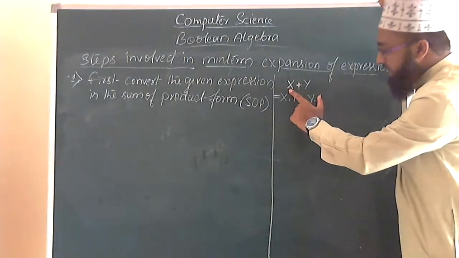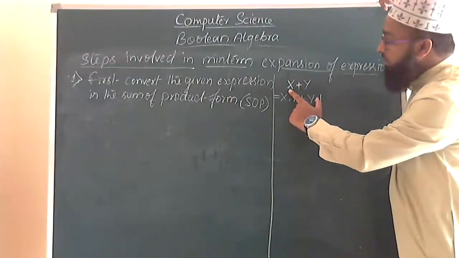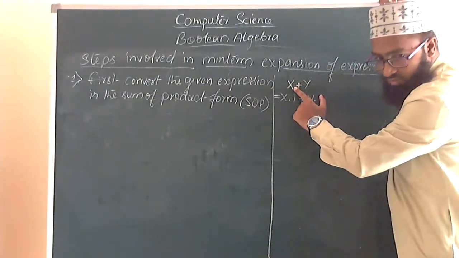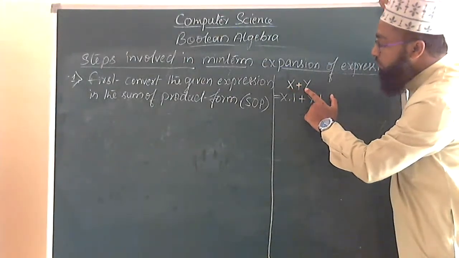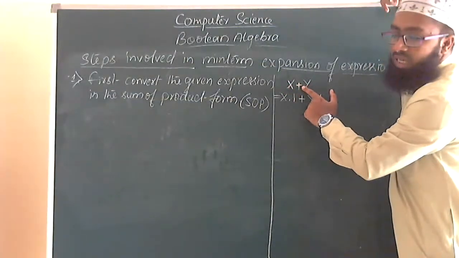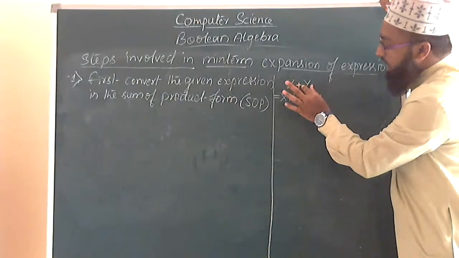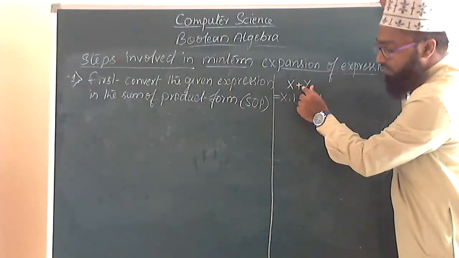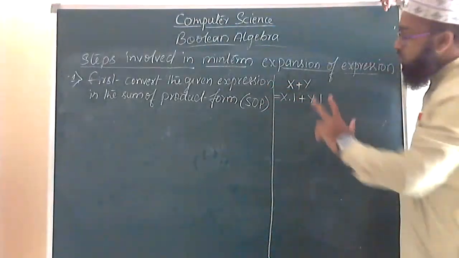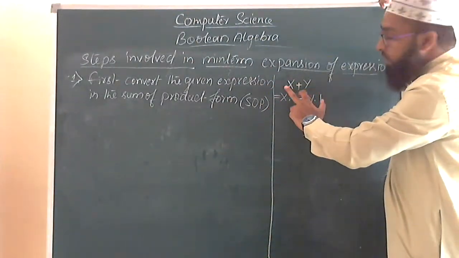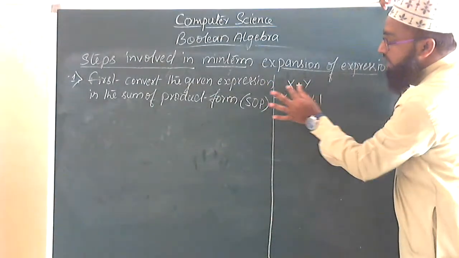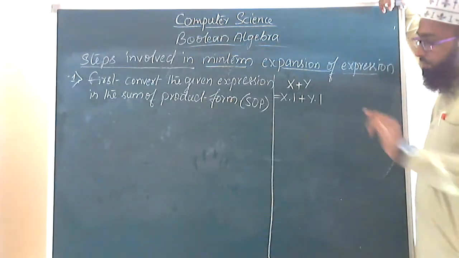If x is there, then this x should contain y with it. If only y is there, then y should also contain x beside it. Here xy should be present, here also xy should be present. Why? Because only two variables are there, x and y. So each literal should contain two variables.